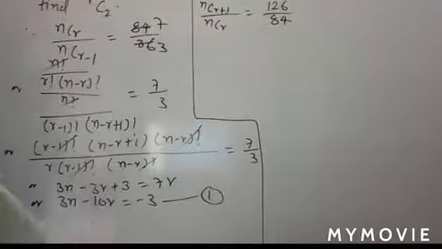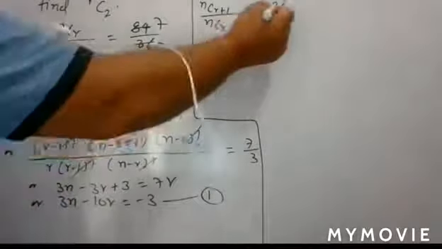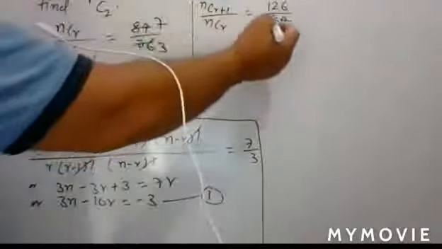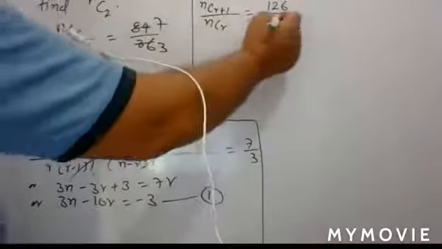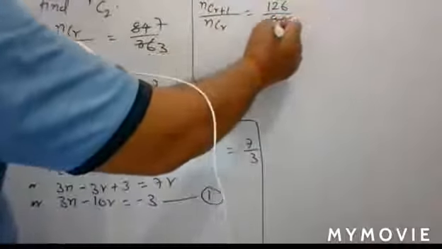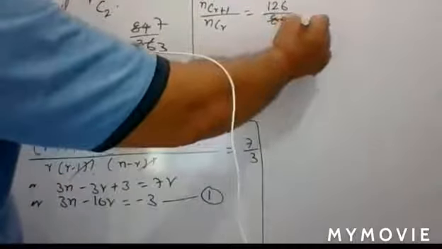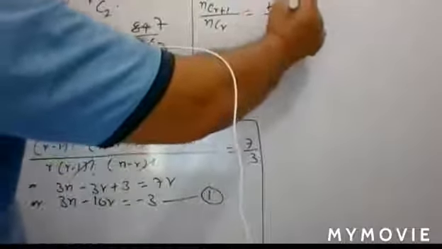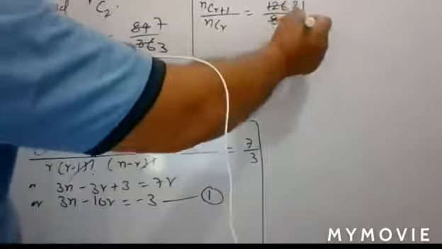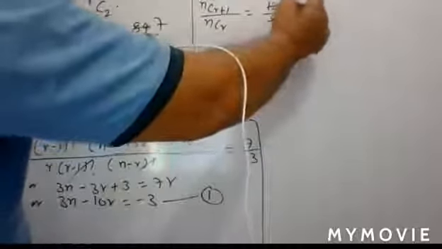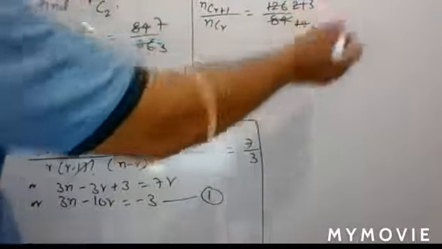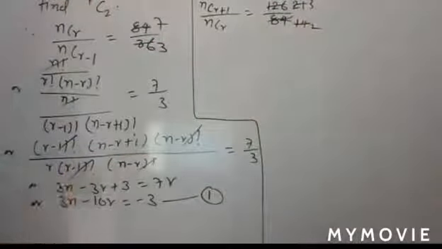Applying the formula for that, we also cancel. Cancel it by 6, and then cancel with 7 also. So 3 by 2. Here you have 3 by 2.